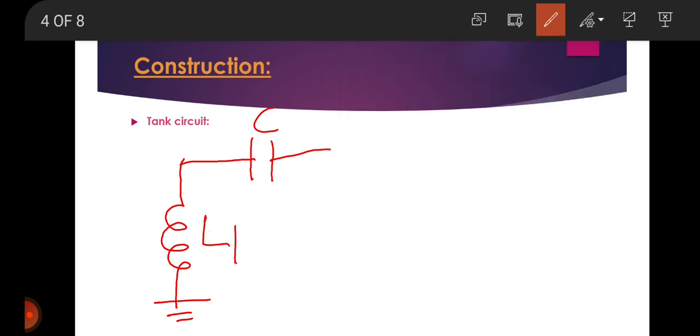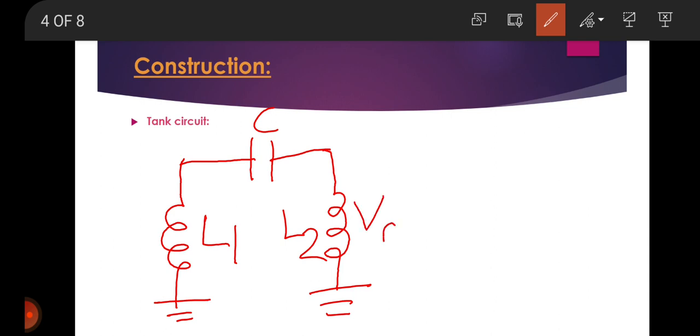Here inductor L2. Here the voltage produced VF, that is feedback voltage, and here it is Vout.